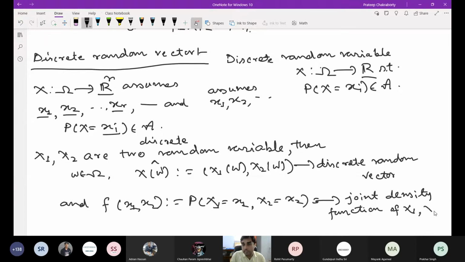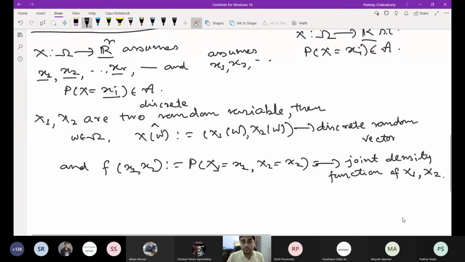This is basically the density function of the discrete random vector capital X, and this is called the joint density function of X1 and X2.